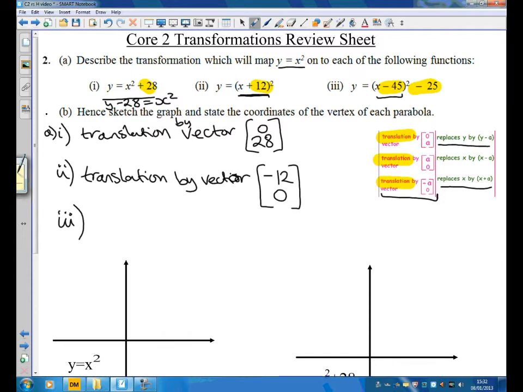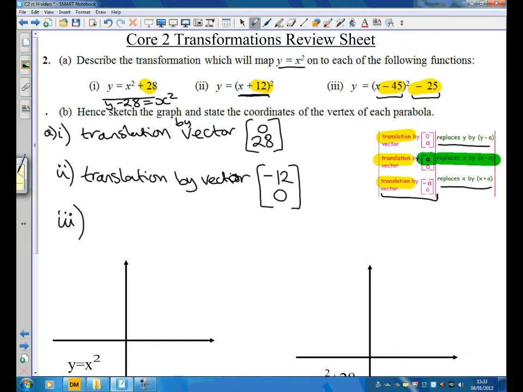Now this is like replacing x with x minus 45, which makes the vector plus 45 in the x direction, and y has been replaced with y plus 25 because it's minus 25 on the end of the equation, which is going to make the vector in the y direction negative 25.